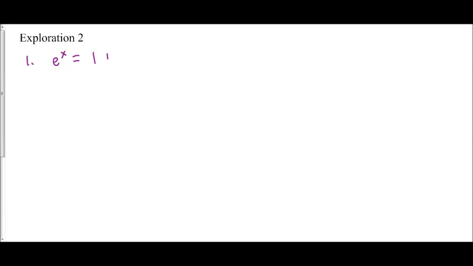And that's going to be 1 plus x plus x squared over 2 factorial plus x cubed over 3 factorial plus x to the 4th over 4 factorial, and that's going to continue.